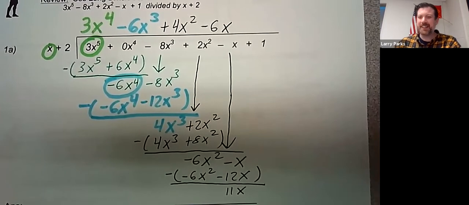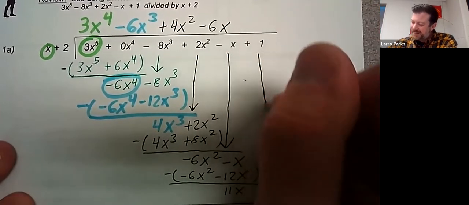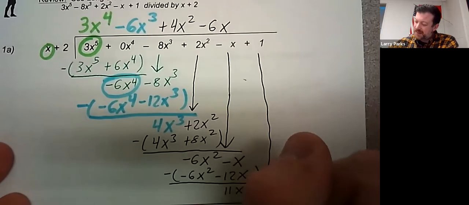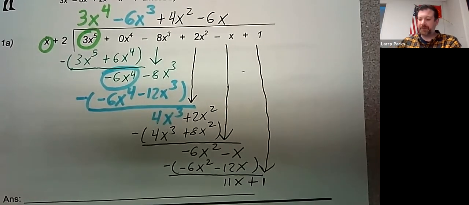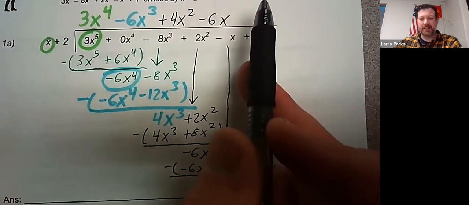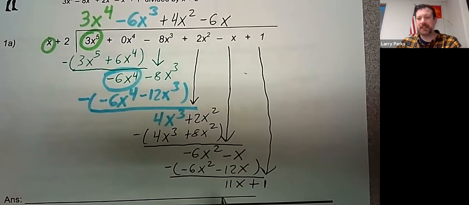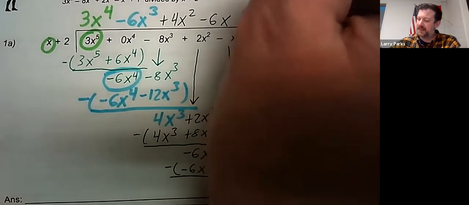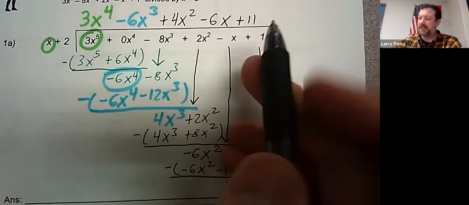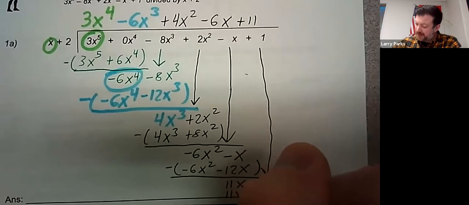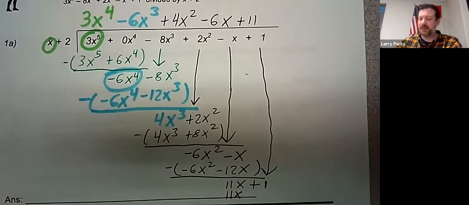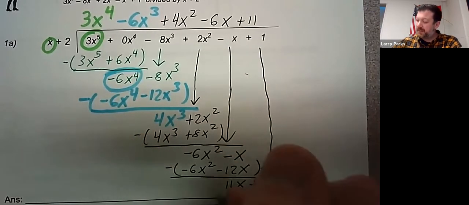One more. Bring down the 1. Oh boy. x times what is 11x? That'd be 11. I then take 11 times x, and 11 times 2. Take that away.